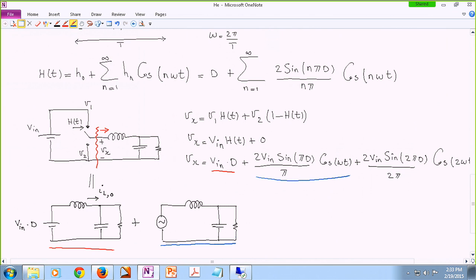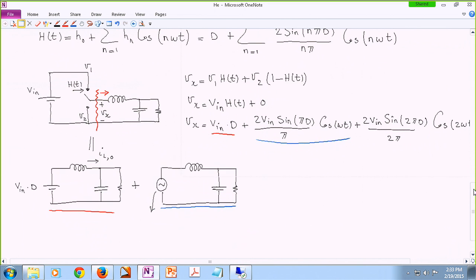I'll draw it in blue. This sinusoidal signal is nothing but 2Vin times sine of pi D over pi times cosine of omega t. This gives me a current waveform which represents the fundamental, or first harmonic, of the inductor current waveform. And then I just have to keep doing this.